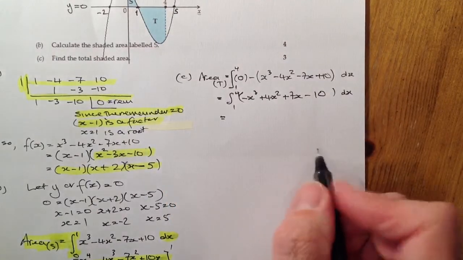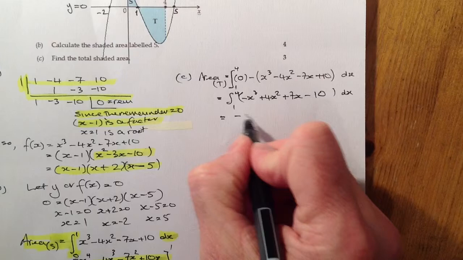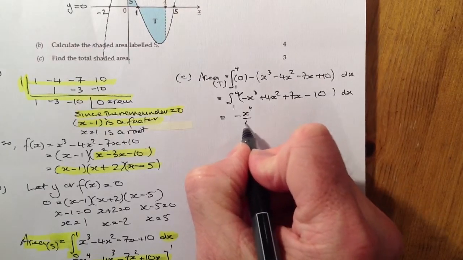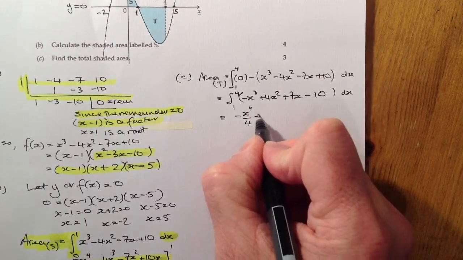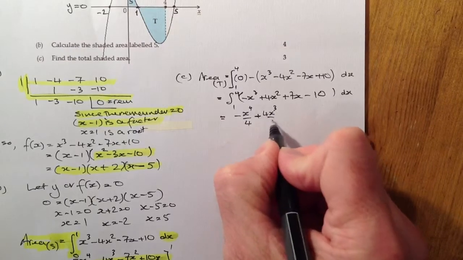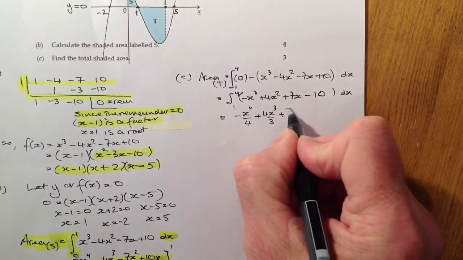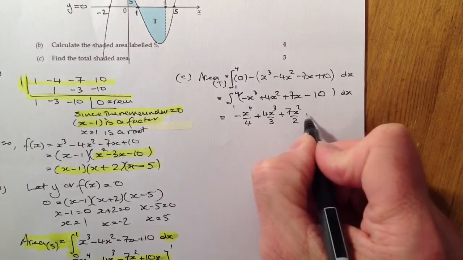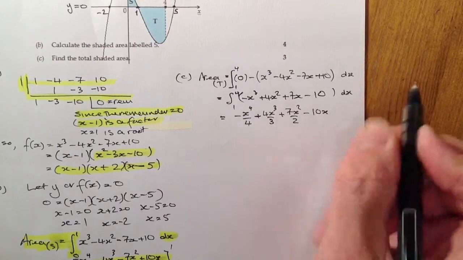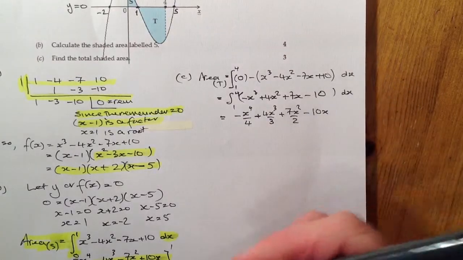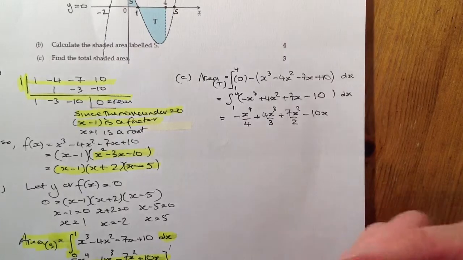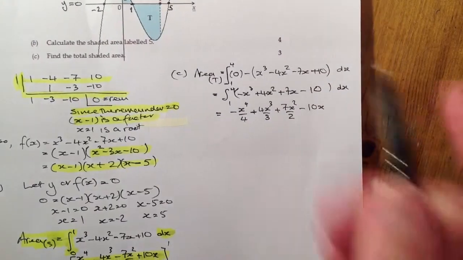Right, so let's integrate it. We'll get minus x to the power of 4 all over 4 plus 4x cubed all over 3 plus 7x squared all over 2 minus 10x. It's just the same as what we did in part B, but the signs are different.